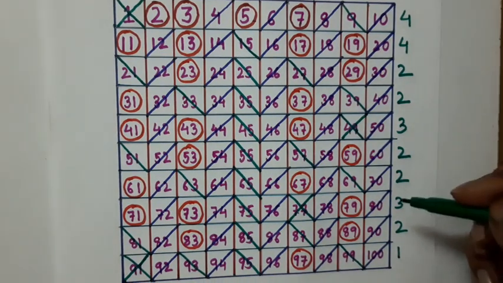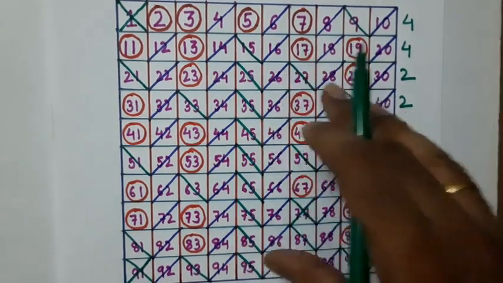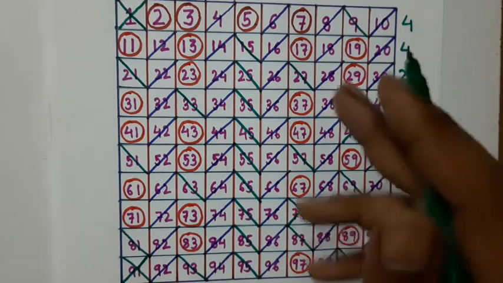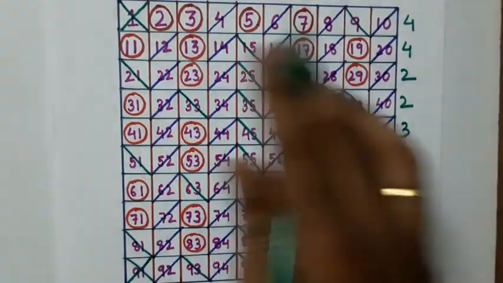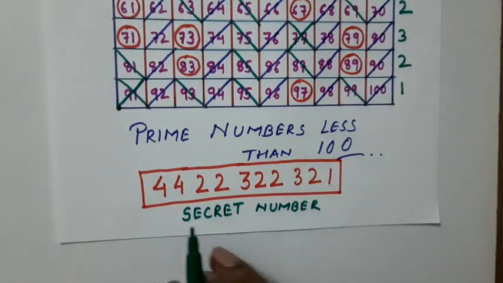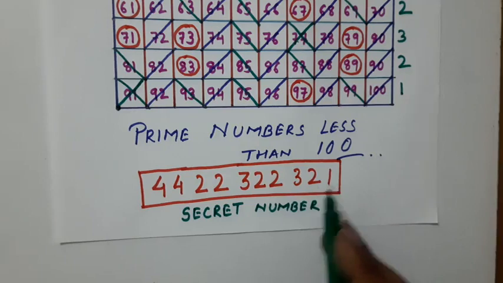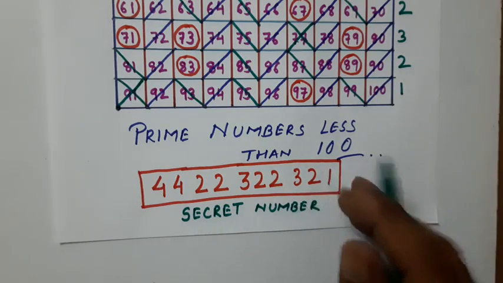If we remember this, it will be easy to find all the prime numbers between 1 and 100, so that we will not miss anything in each line. So just remember 4422 322 321. That's the secret number for finding prime numbers.